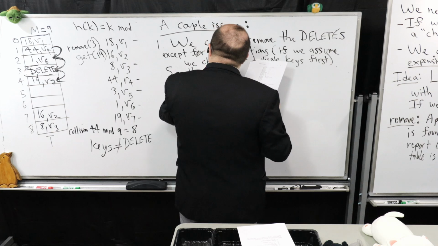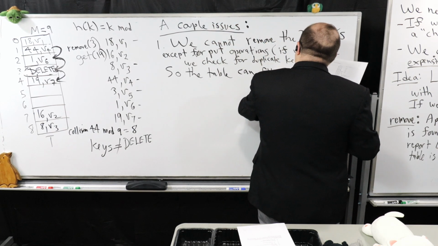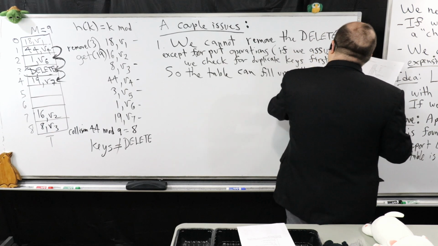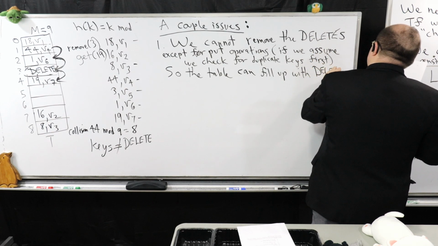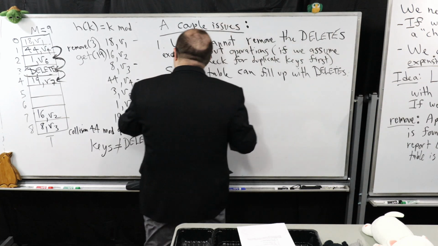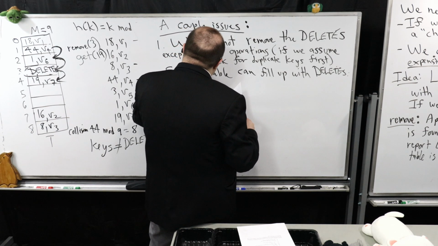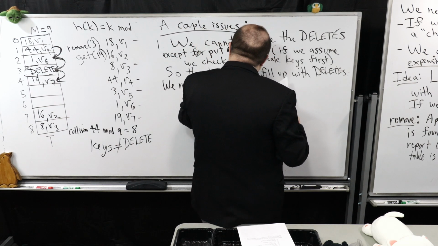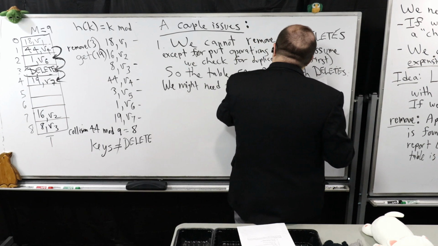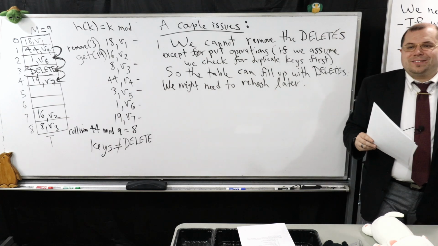So the table can fill up with deletes. We might need to rehash later. Why? Because the performance degrades.